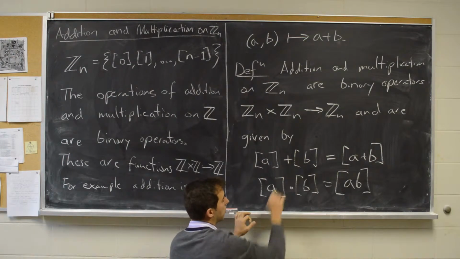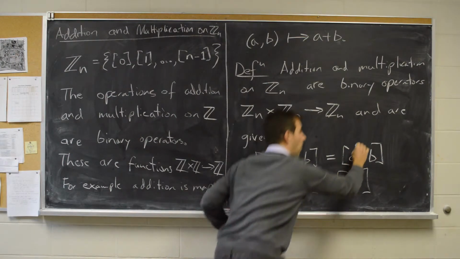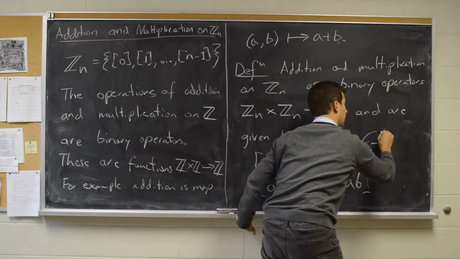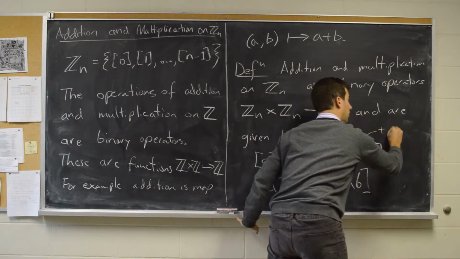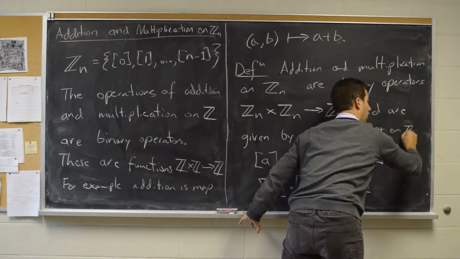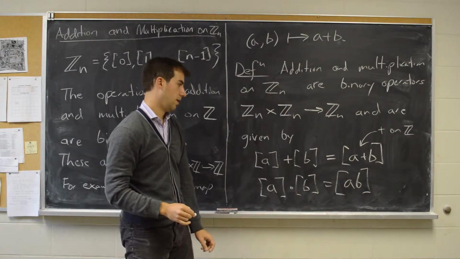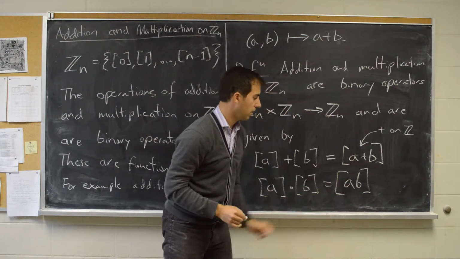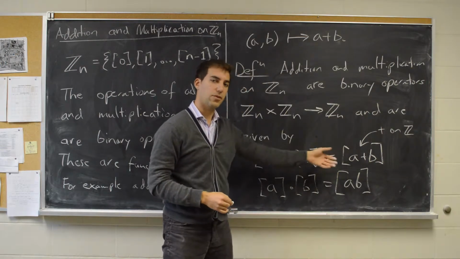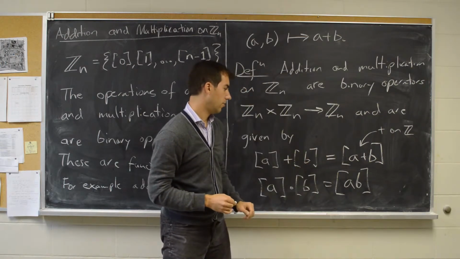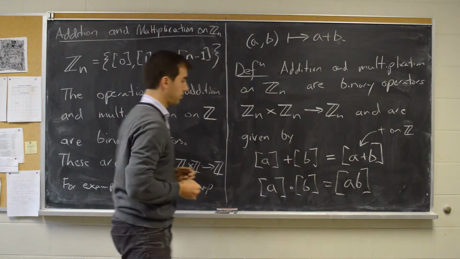A and B here are both integers, and so this operation in here is plus on just Z, and this is multiplication on just Z. And so you already know how to do those operations on the integers and then take the congruence class of that integer you get out.